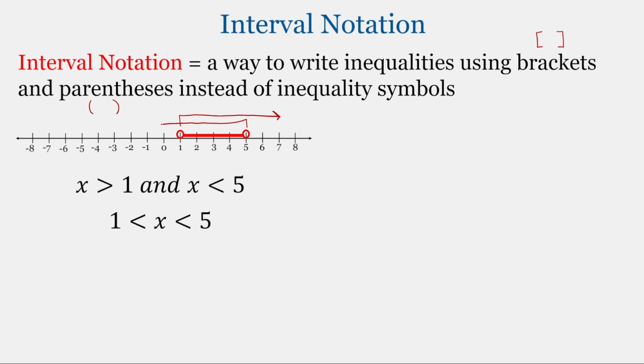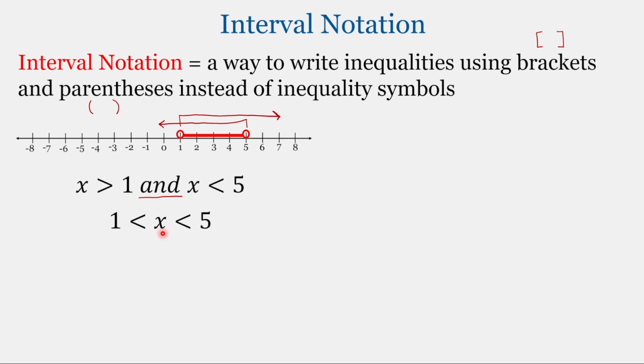This goes on to negative infinity. And once again, this is less than, so it does not include the number 5. We're using the word and, that key word. So we're looking at the intersection of these two inequalities. And that's going to be everything between 1 and 5, excluding 1 and 5.